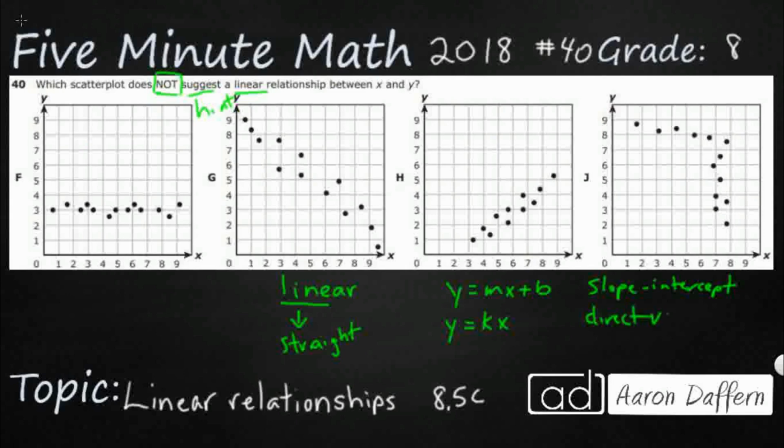And remember, the only difference between these two, even though one is with a k and one is with the m, those are both slope, it's the fact that our k is proportional. It goes through the origin because it does not have a y-intercept like the slope-intercept form does. That's really the only difference.